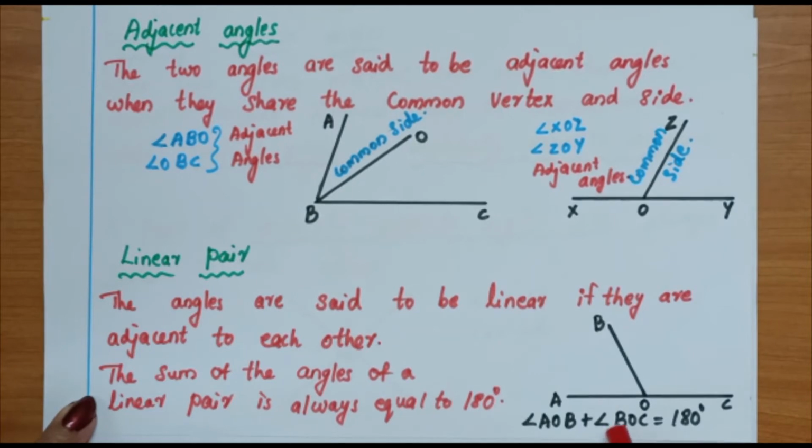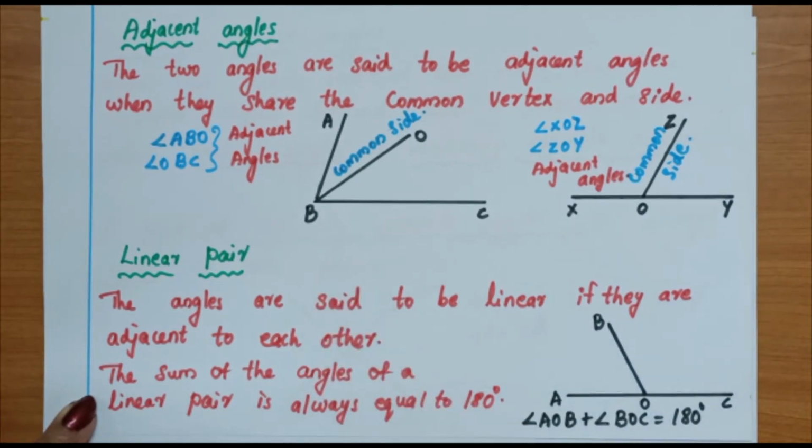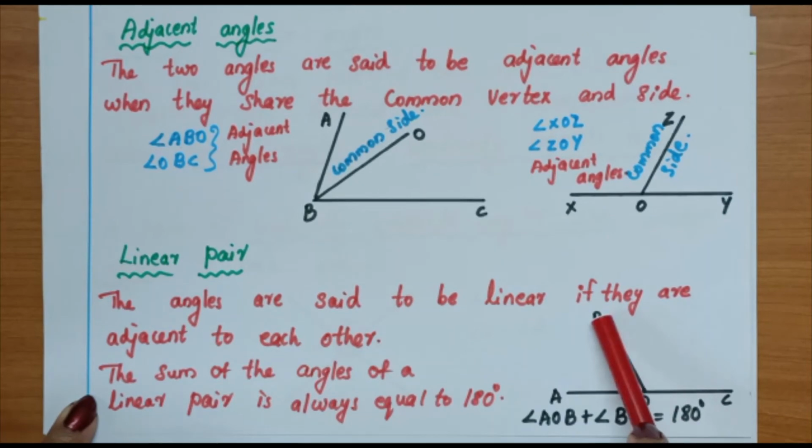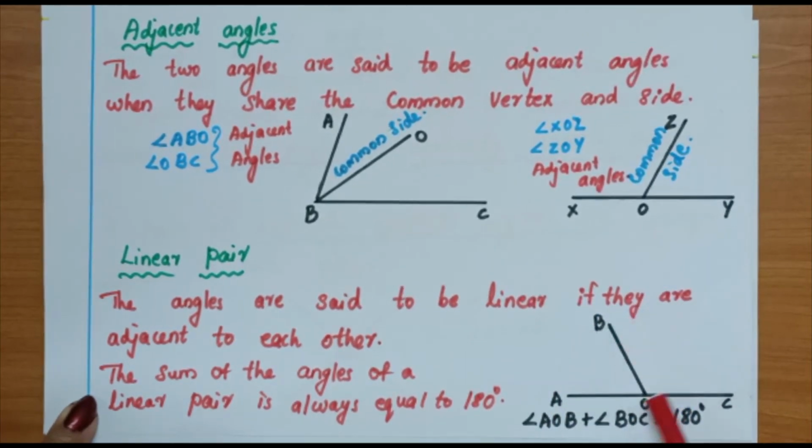In another way, we can say that the sum of angles on a straight line should be 180 degrees. For a linear pair, there should be only two angles. That is the difference. Here the adjacent angles are AOB and BOC.